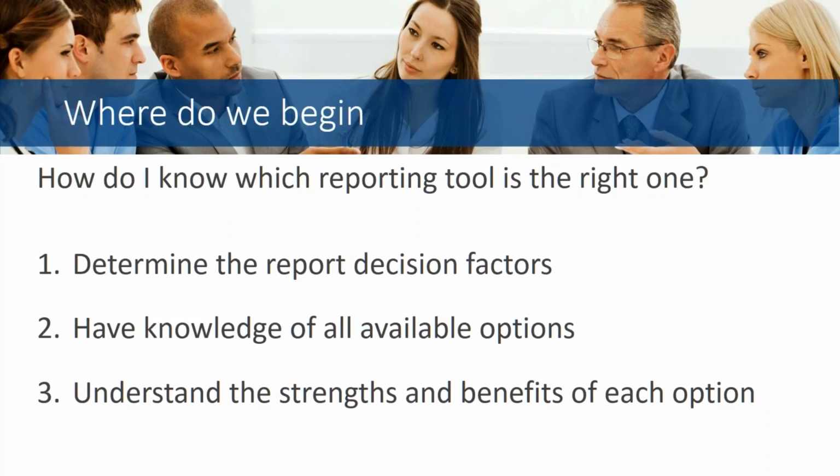And then thirdly, we need to understand the strengths and the benefits of each option. Within each of these tools, each is going to have its own strengths and benefits. Some could have some weaknesses for a particular type of report. So with us having those understandings, it should help us make a more informed decision on which tool is going to be the best one.